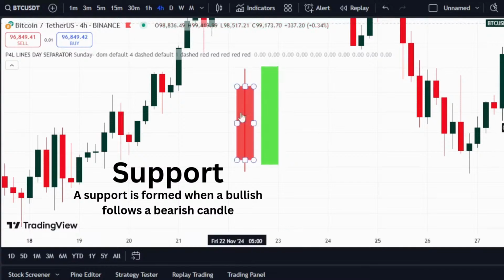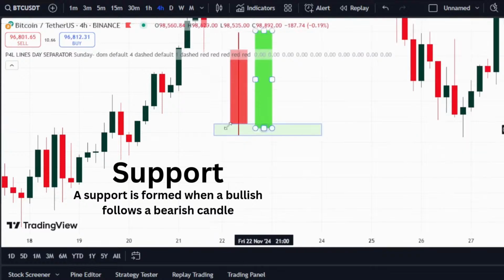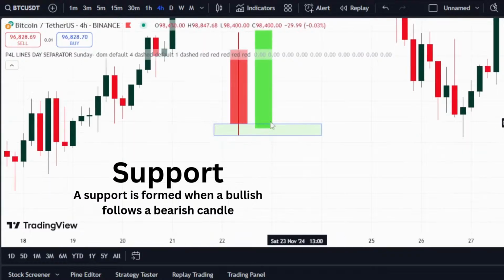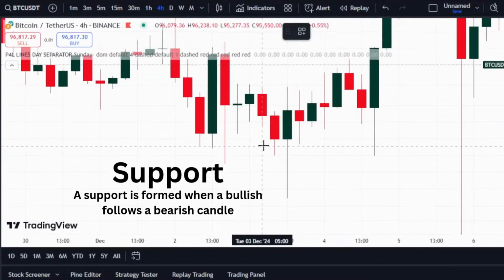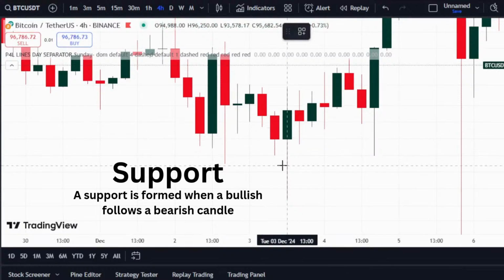Now, from the perspective of those who trade using the concept of support and resistance, the entire of this place is the support. This is the support level. Look at it here: this is a bearish candle and this is a bull candle.